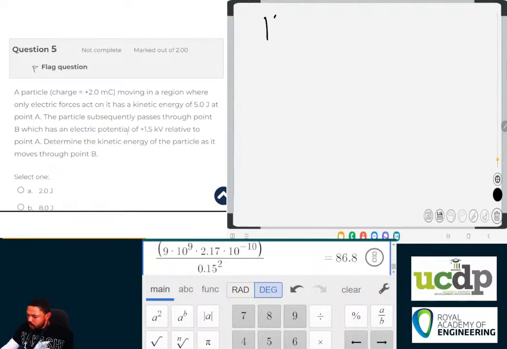Let me write it simpler. The kinetic energy at point A, that 5, is equal to the work done to get from A to B plus its kinetic energy at point B. Remember, it loses some energy to get to point B.